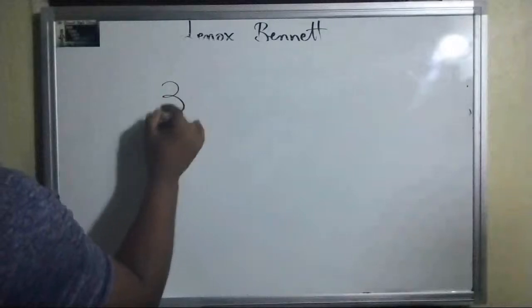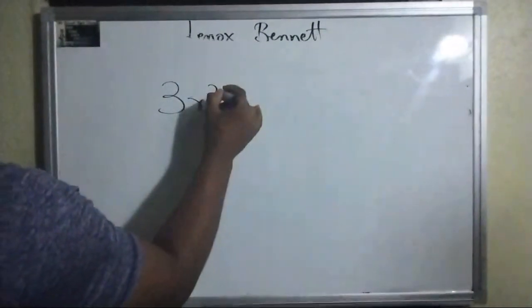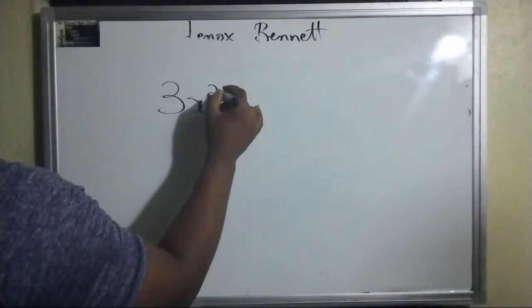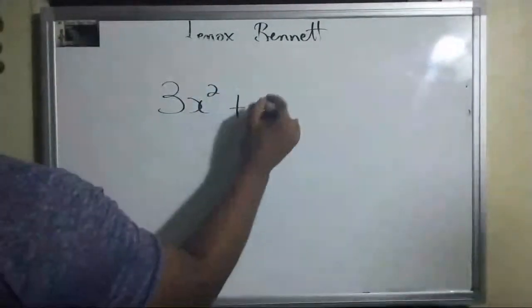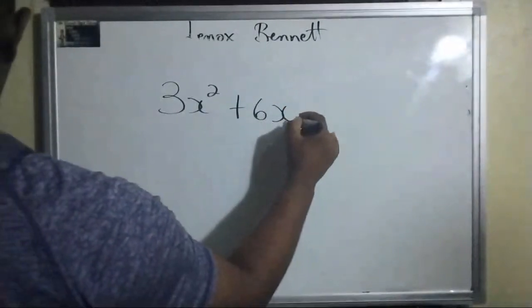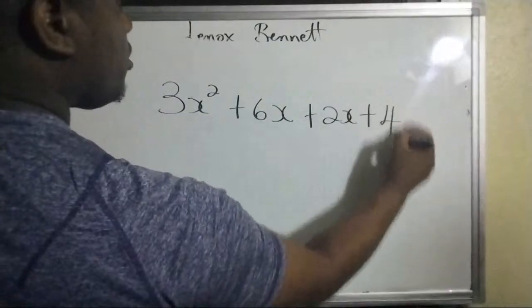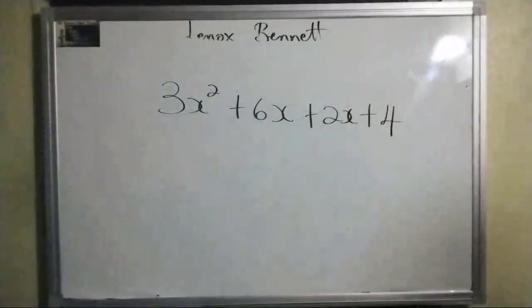Alright, so the first one says 3x squared plus 6x plus 2x plus 4. They make it easier for you. Go ahead and factorize it. I think it is hard, but they make it easy, man.